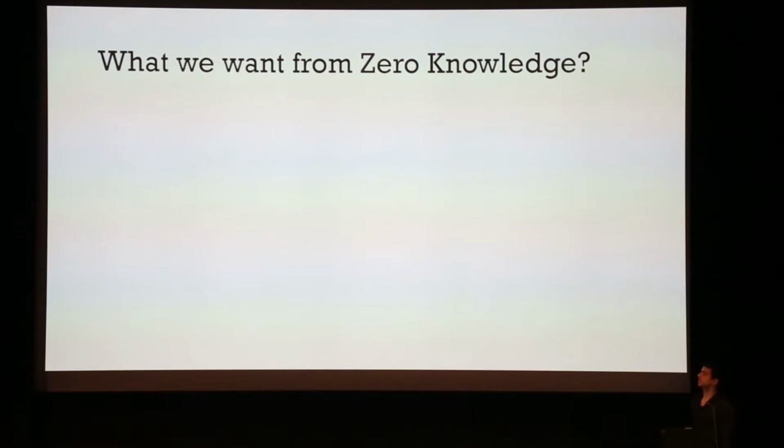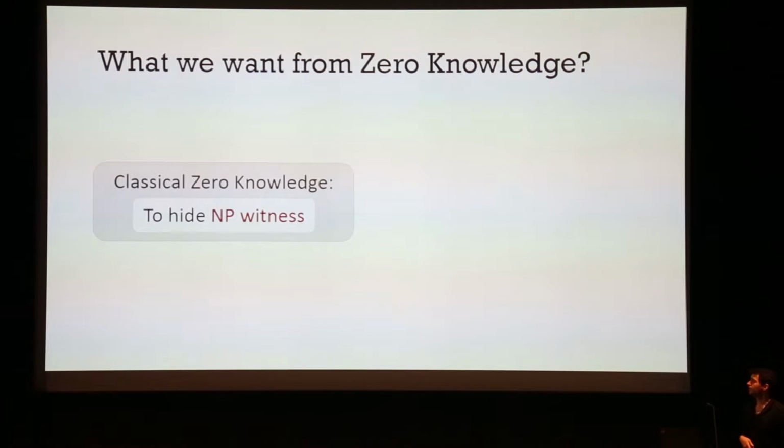And in fact, there is a very big conceptual difference from the original definition of zero knowledge. In the original, classical definition of zero knowledge, what we actually wanted to hide was an NP witness. So think, for example, of graph three-colorability, where a prover wants to convince a verifier that the graph is three-colorable, but he wants to do it without revealing the actual coloring of the graph.